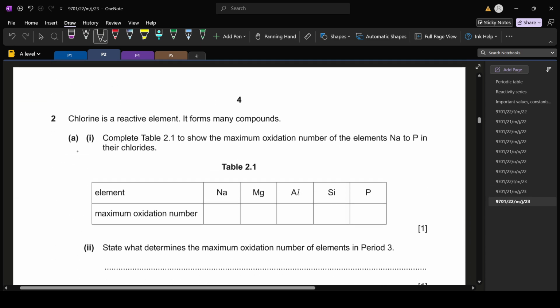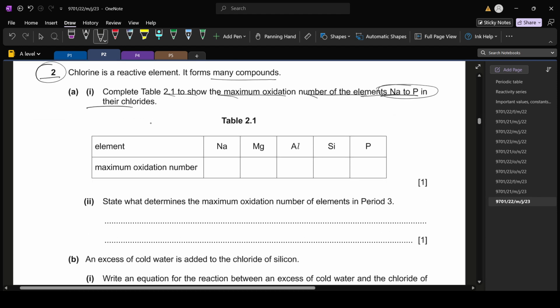Now moving towards question number 2. Chlorine is a reactive element. It forms many compounds. Complete table 2.1 to show the maximum oxidation number of elements sodium to phosphorus in their chlorides.